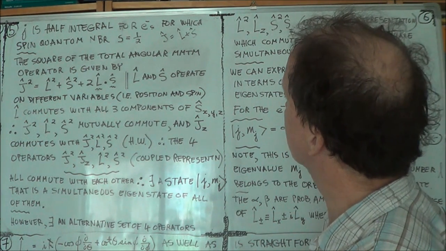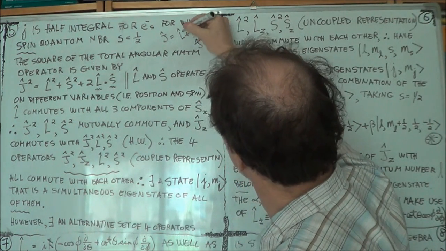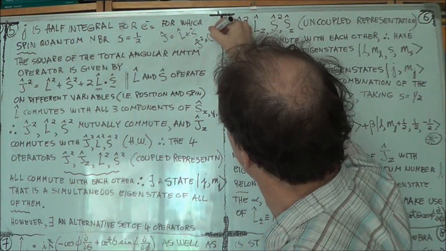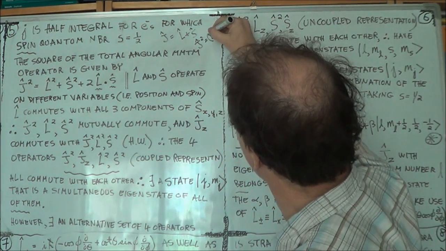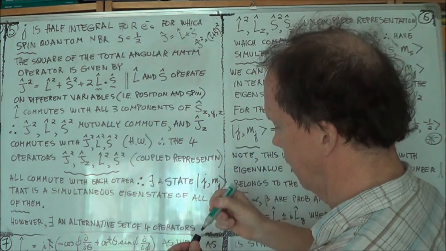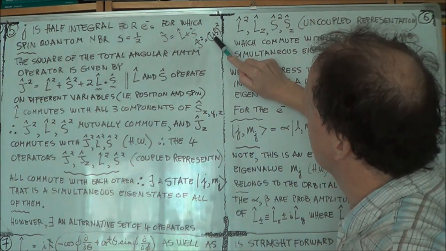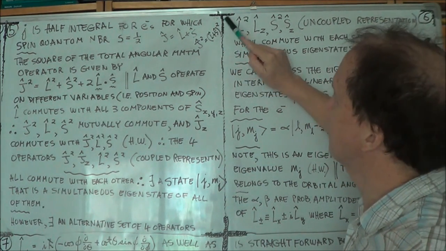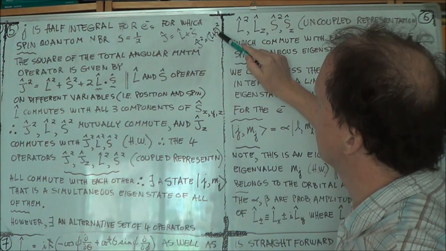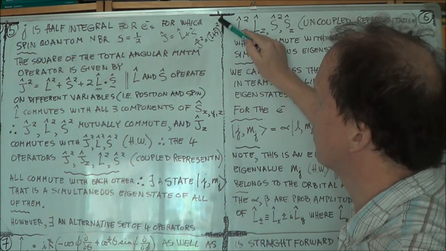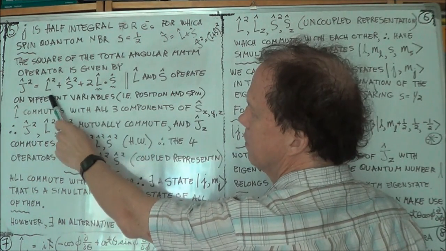To get J squared, it will just be all this squared. So this is Lx plus Sx, and then Ly plus Sy, and Lz plus Sz, the square of each. Now expand those out, and you'll get this.